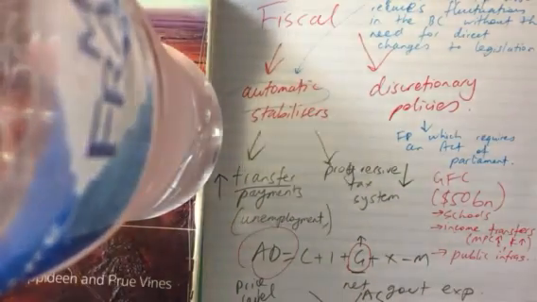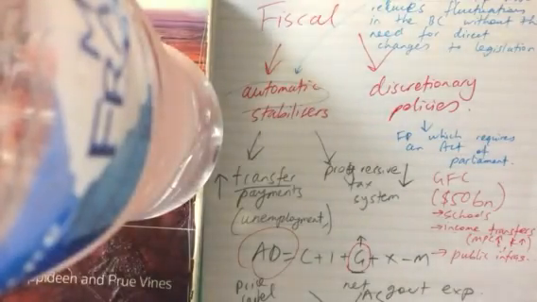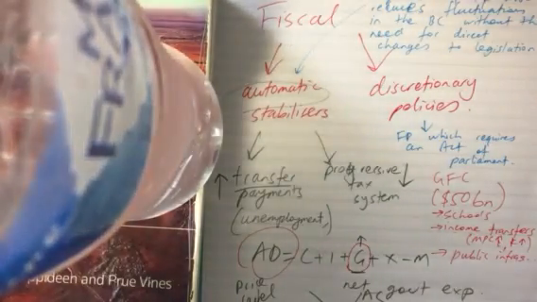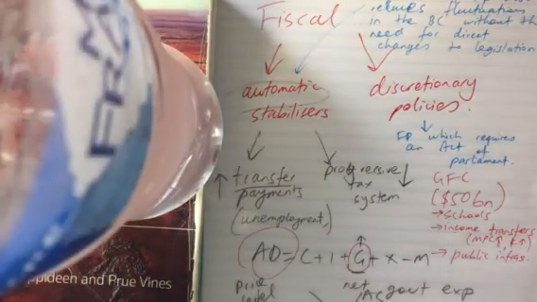Let's move on to how you might use this for essays. If you're doing it in an essay, you probably need, let's focus on this, you probably need more specific fiscal policies.